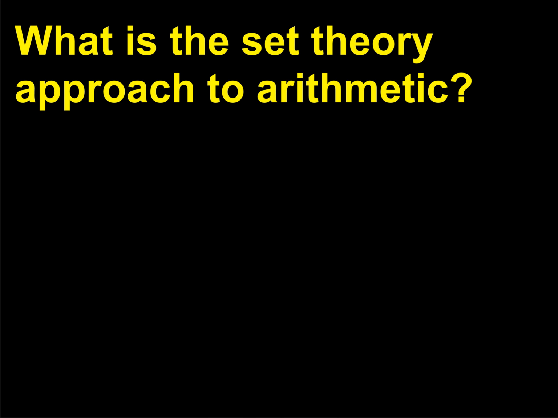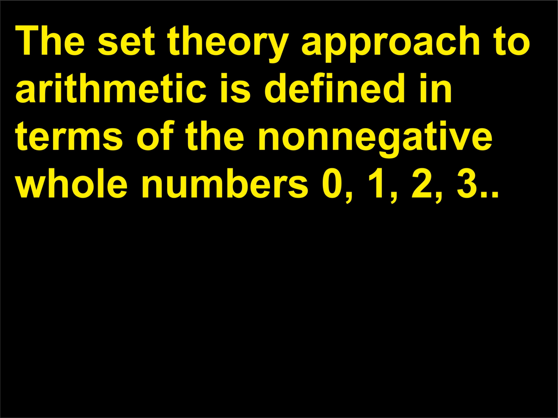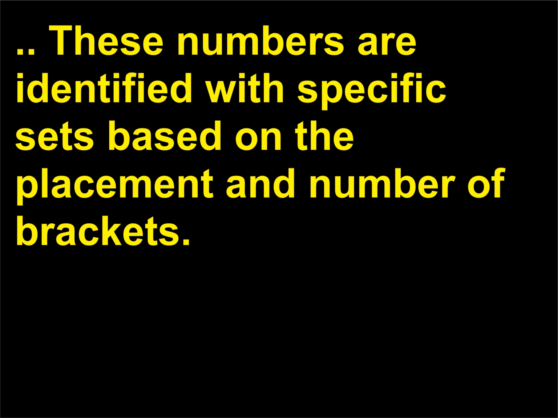What is the set theory approach to arithmetic? The set theory approach to arithmetic is defined in terms of the non-negative whole numbers 0, 1, 2, 3. These numbers are identified with specific sets based on the placement and number of brackets.